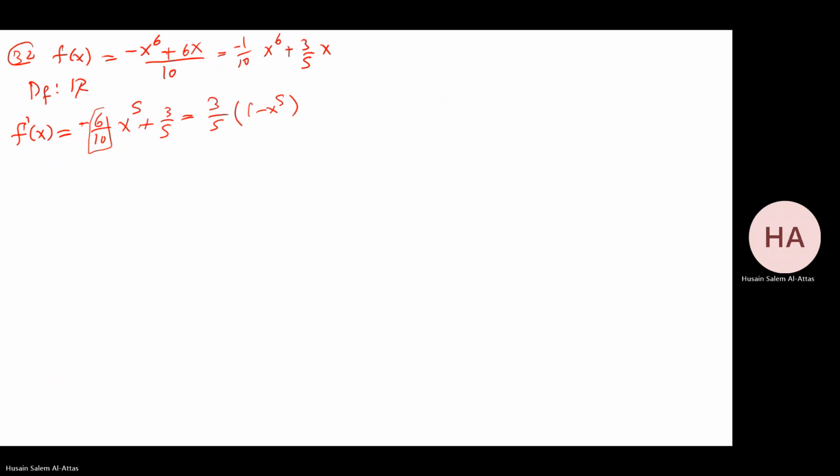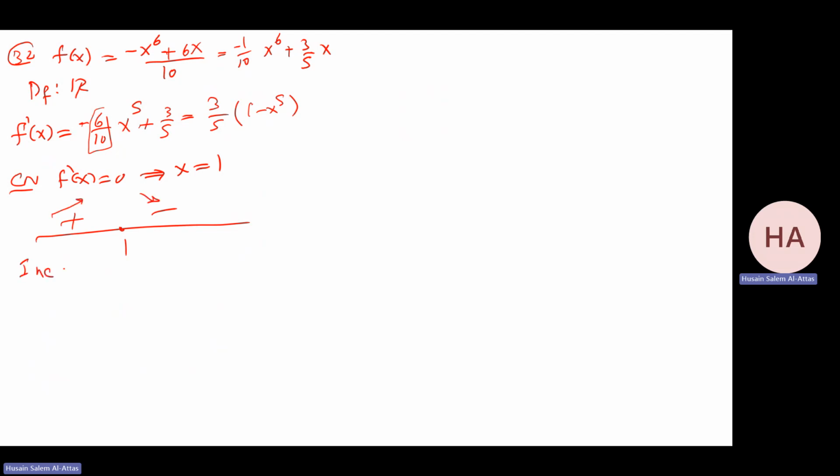And critical numbers, f prime equals 0. So I have x equals 1. Okay. So I list the 1. This is 1. Before and after. Take 0. It will be positive. That will be negative. So that will be increasing, that will be decreasing.